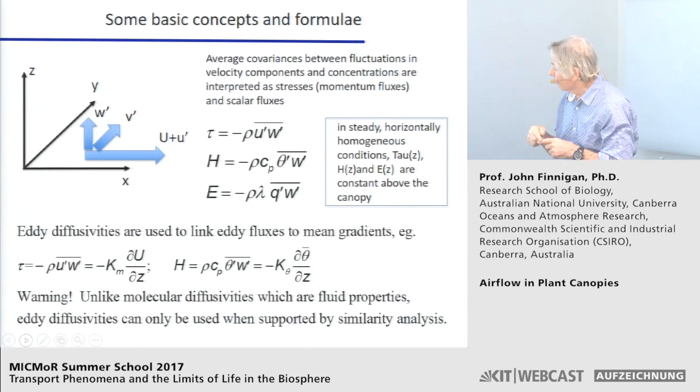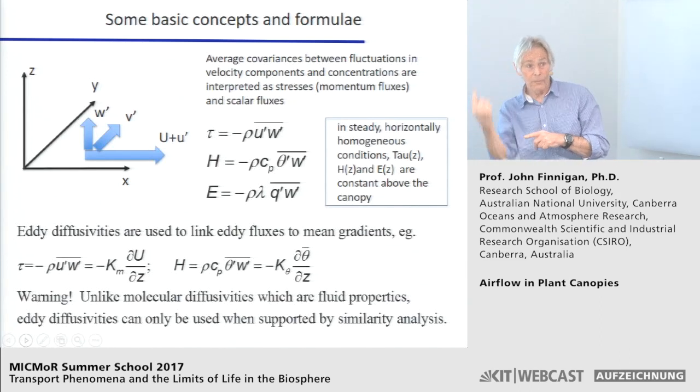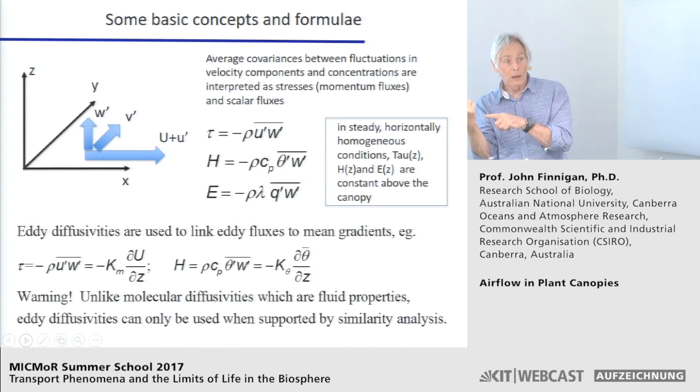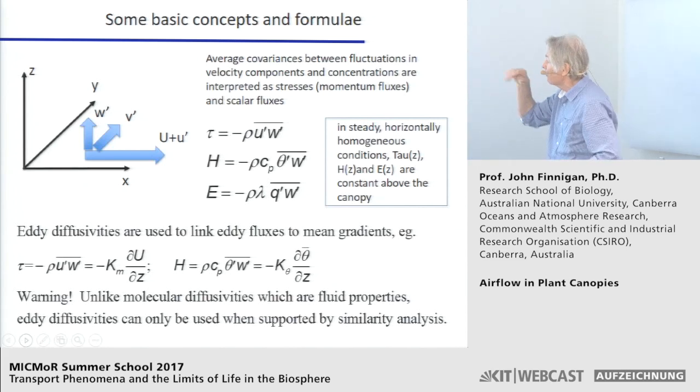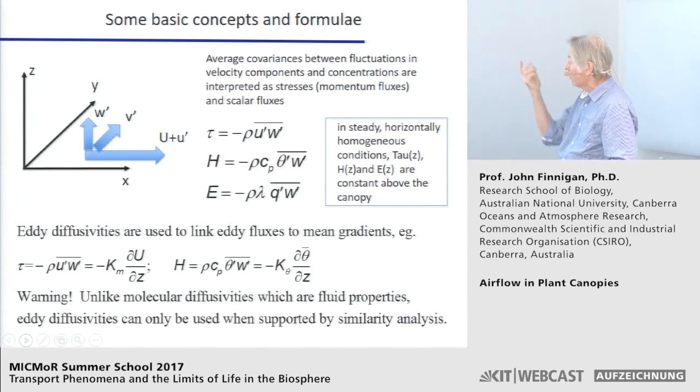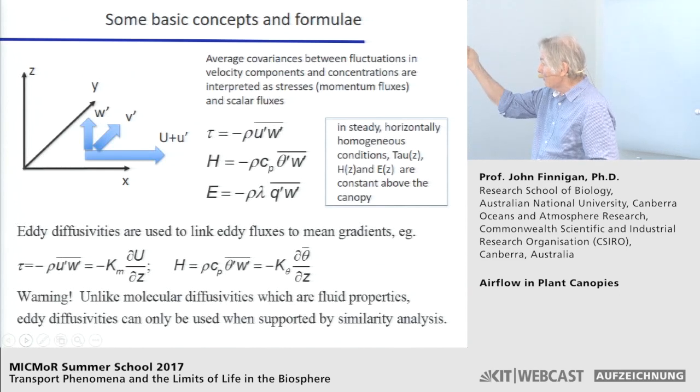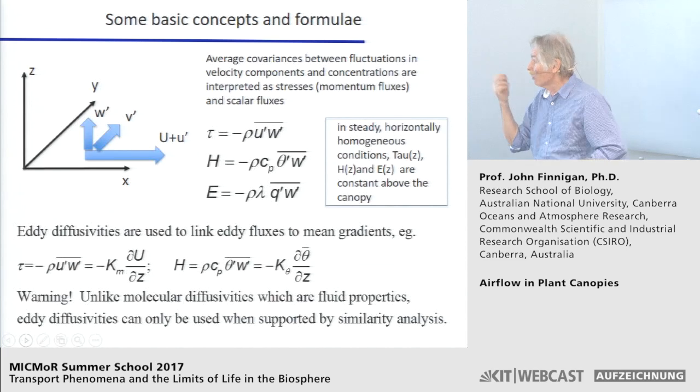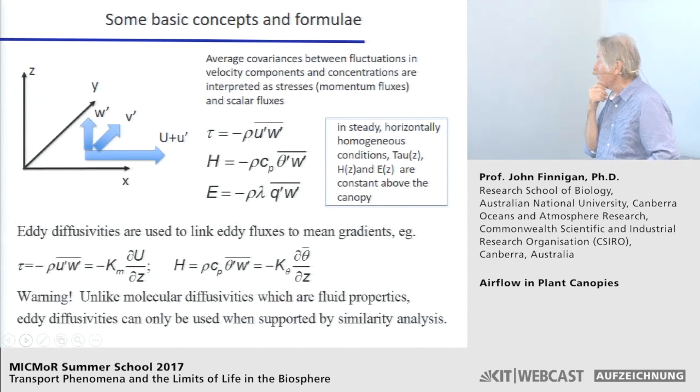If every time the wind speed is up, the water vapor content is higher, then you'll be moving water vapor upwards. So these covariances, the average products of fluctuations in velocity, temperature and vertical velocity, humidity and vertical velocity, are called fluxes and stresses.